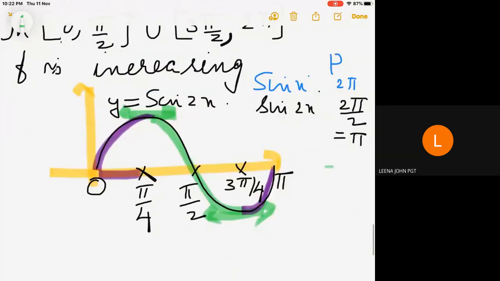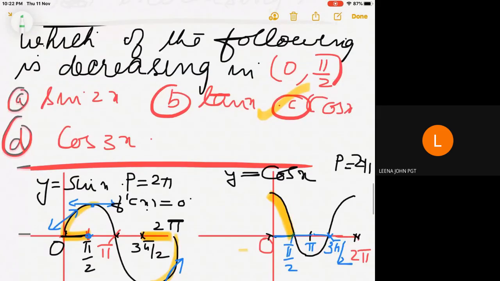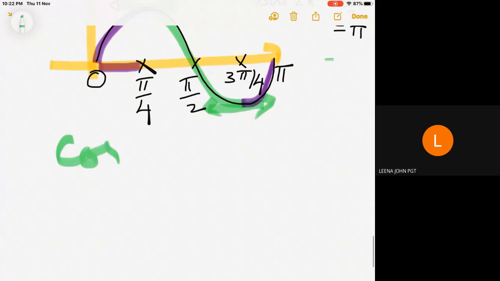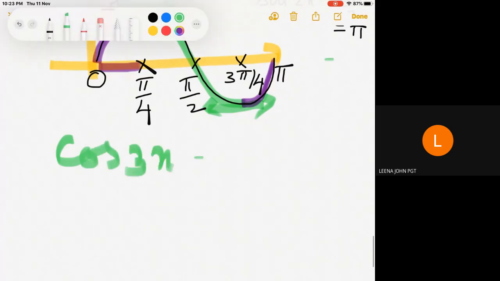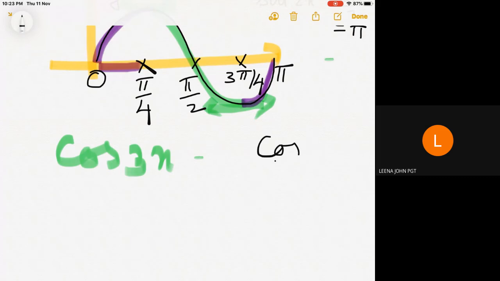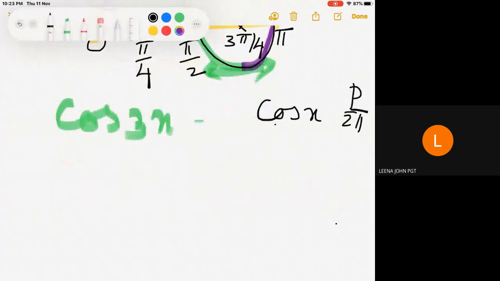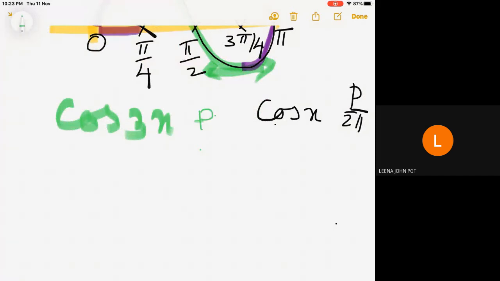Okay, now similarly for cos 3x. What will be the graph of cos 3x? You should know the basic graph of cos x and its period. Period is 2 pi. Basic graph you know. Now for cos 3x, what will be the graph? What will be the period? Period will be 2 pi by 3. When multiplied by 3, it gets divided by 3.